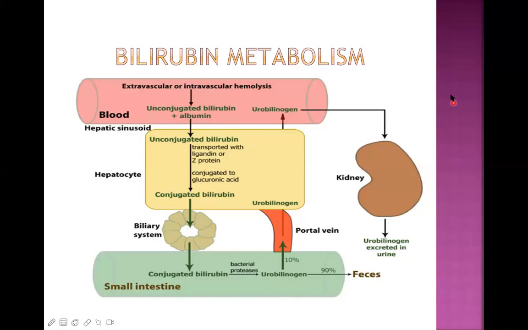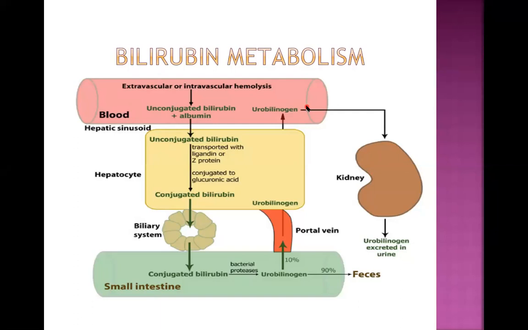Now, some questions for you. Listen very carefully. If you understand it here, later on all different types of jaundice are very, very easy to understand. If there is excessive hemolysis occurring in this stage, more RBCs are breaking down, more bilirubin is formed.